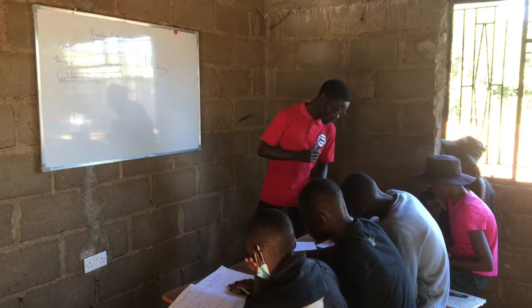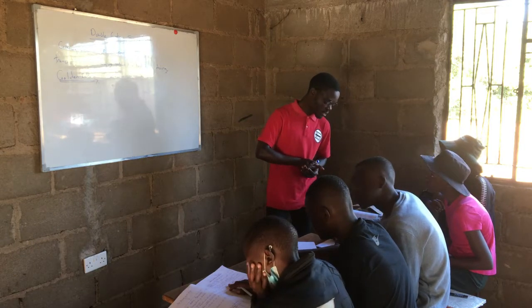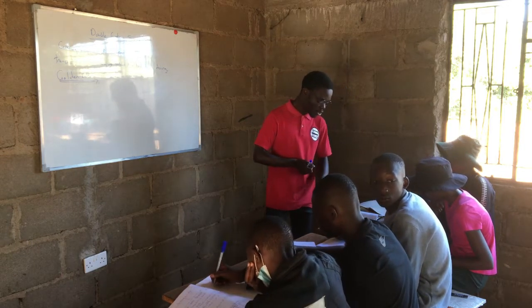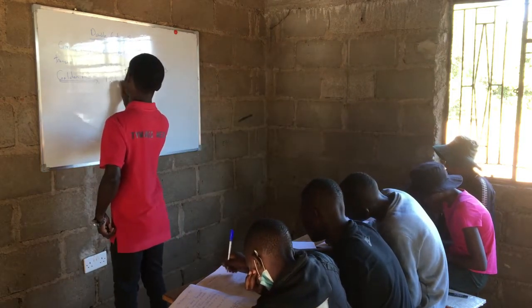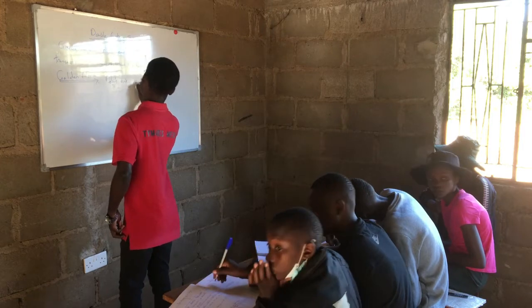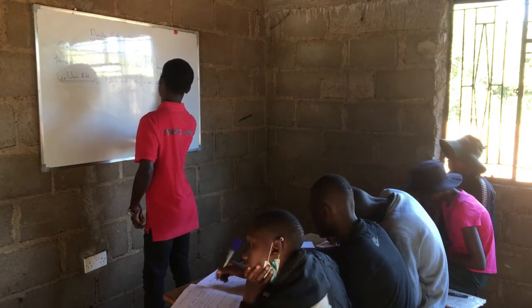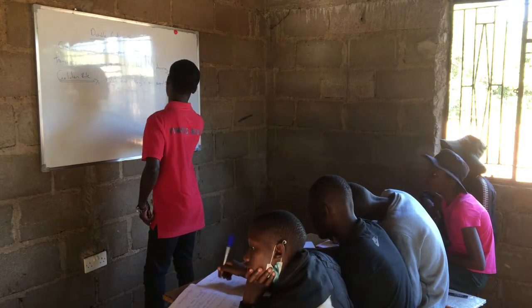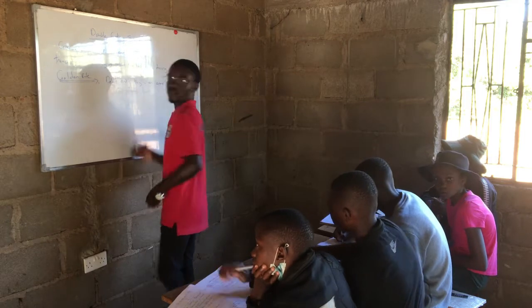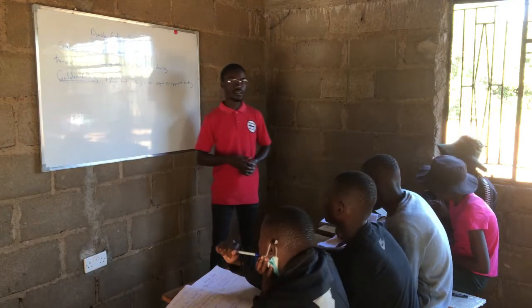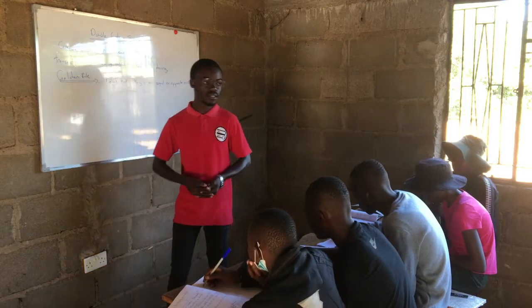The golden rule for making entries in the ledger states that for every debit entry, there is an equal and opposite credit entry.